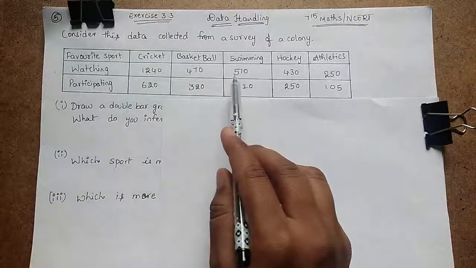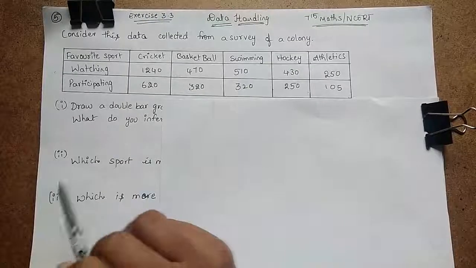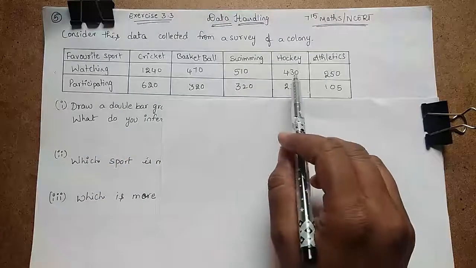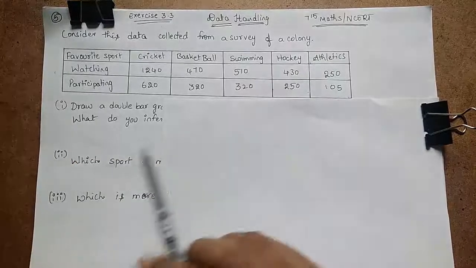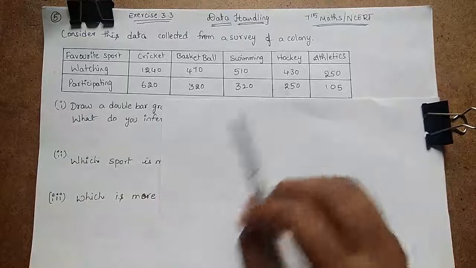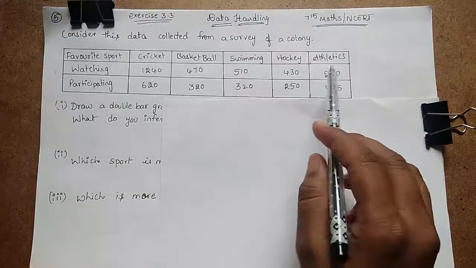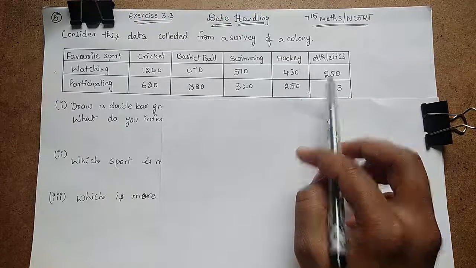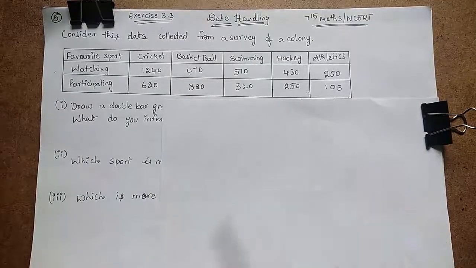For swimming, 510 members are watching and 320 are participating. For hockey, 430 members are watching the sport and 250 are participating. Last but not least, athletics: watching members were 250 and participating members are 105.